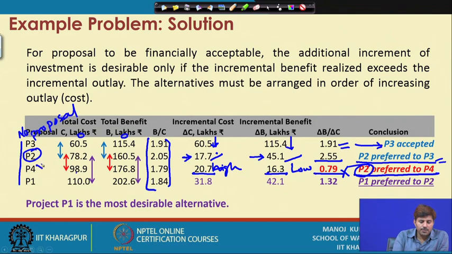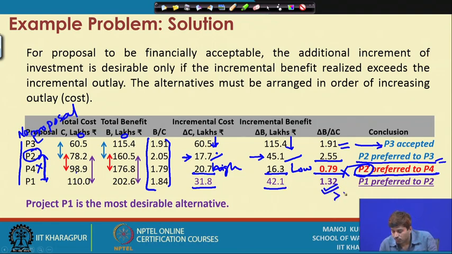I have discarded P4 as an option, and then I compare P2 with P1. The additional investment needed is 31.8 lakhs and the additional benefits I am getting are 41.1 lakh rupees, which gives a benefit cost ratio of 1.32, greater than 1, so P1 is accepted and preferred to P2.